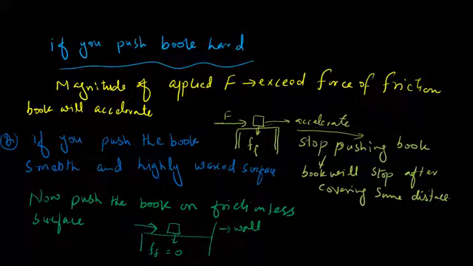Otherwise it will stay in motion because there is no force of friction. You just need to set it in motion by applying a force, and after that the book will remain in motion if there is no force of friction to stop it.